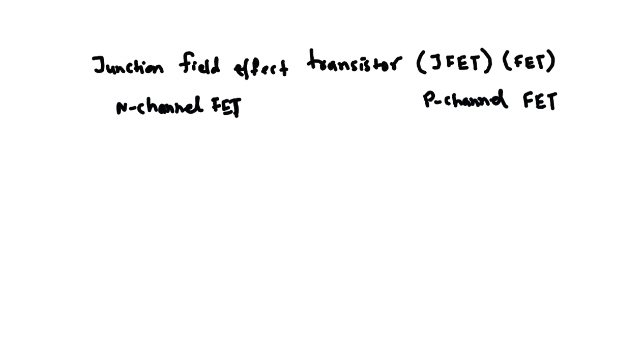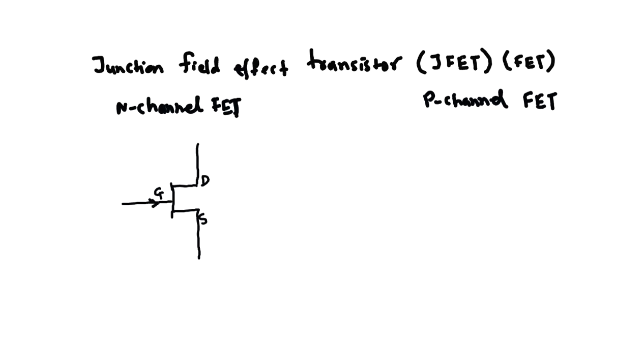So if we want to draw the symbol, for example, for the N channel and the P channel, it would be like this. And when you draw the symbols, you see that it is a three-terminal device. The terminals are called drain, gate, and source. The direction of the arrow indicates whether it is N channel or P channel.